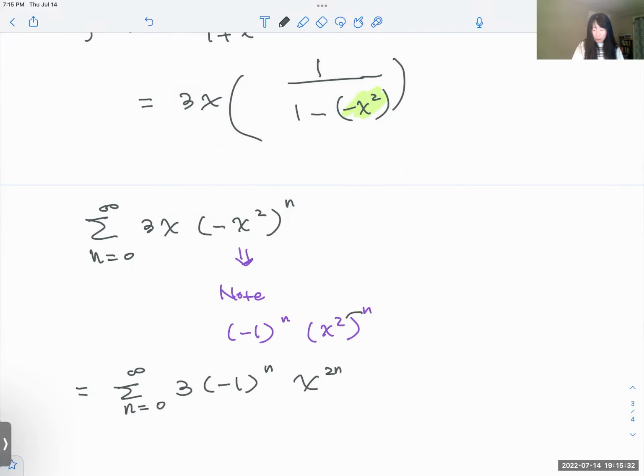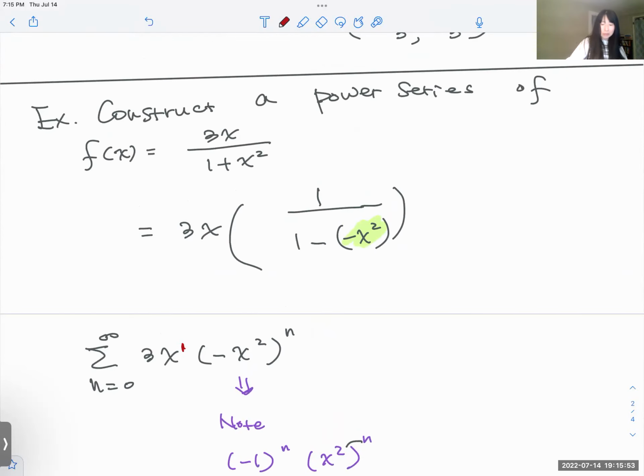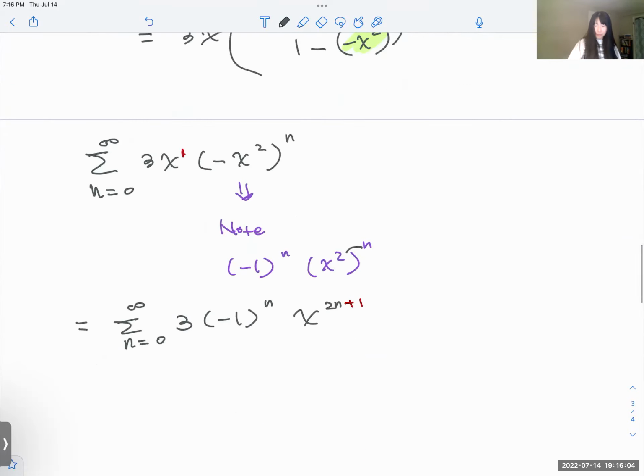But then we have another x there, so don't forget we have a 1 there. So we have a plus 1 there. Is it okay? So basically from the rational function, we found the power series here.